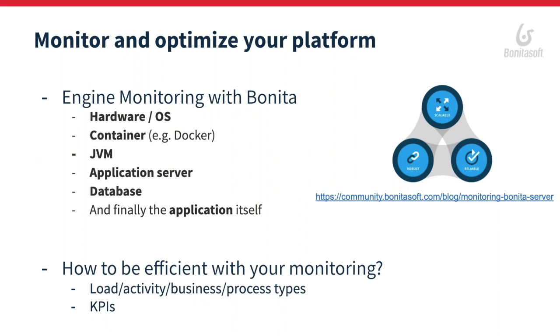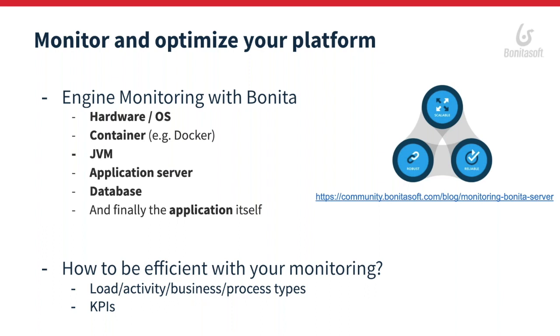So in order to do it efficiently, you will get, for example, from Bonita, a series of technical and Bonita related metrics that can be there by default or that you can add optionally. For example, you can monitor the current running works, the pending works, the queue, or, for example, the number of connector works.